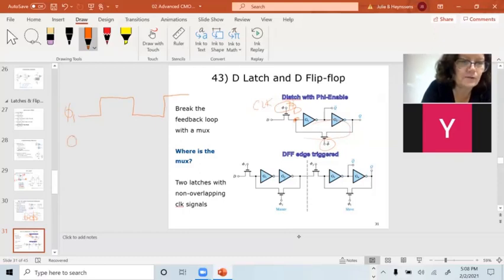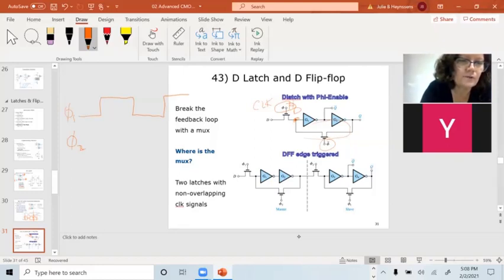And this is phi 2. They are something like non-overlapping clocks. Let me look at the circuit, I'll tell you. I don't want them on at the same time. That's a non-overlapping clock, and I got the right polarity, I hope. So they cannot be on at the same time.